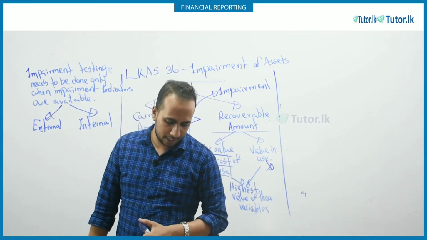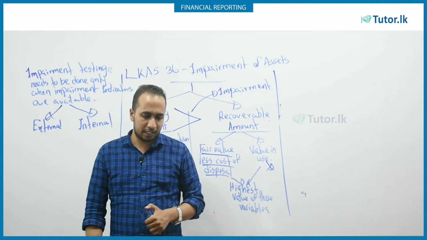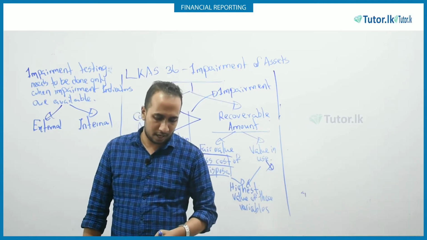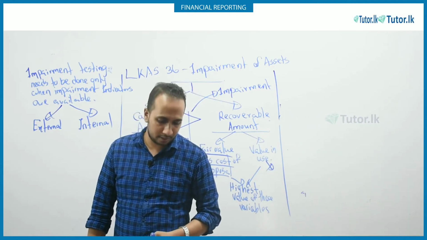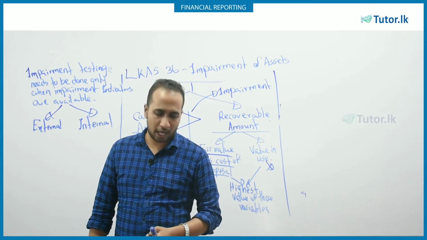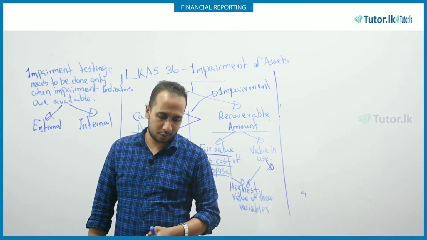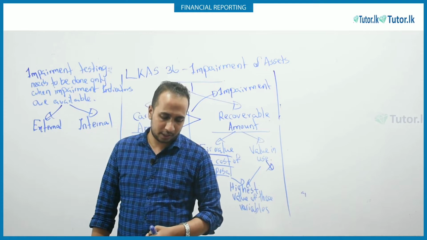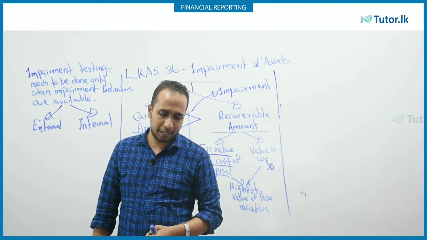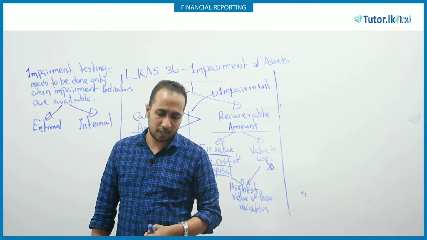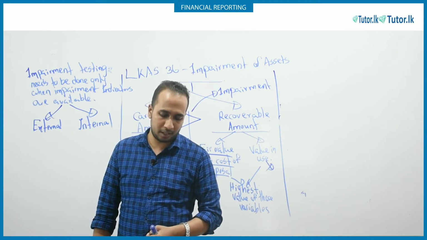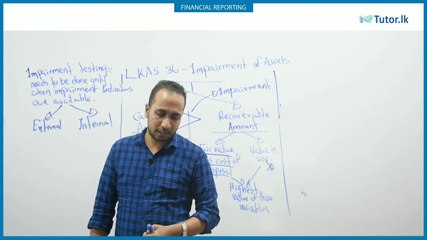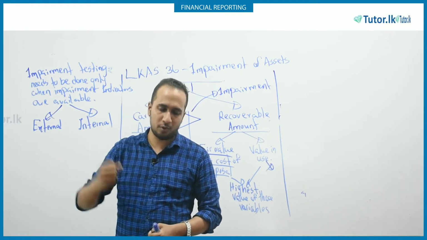You can refer to the external and internal sources in the study text, on page number 86. Under external sources, there are observable indications that the asset value has declined during the period significantly more than would be expected as a result of passage of time or normal use.